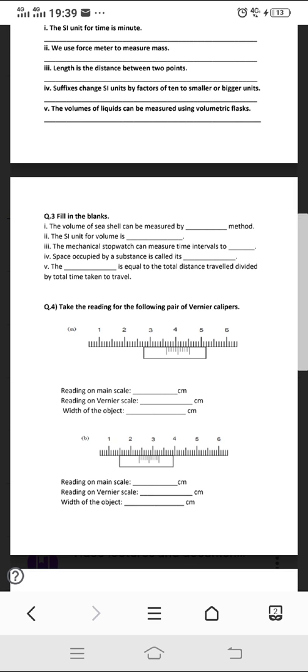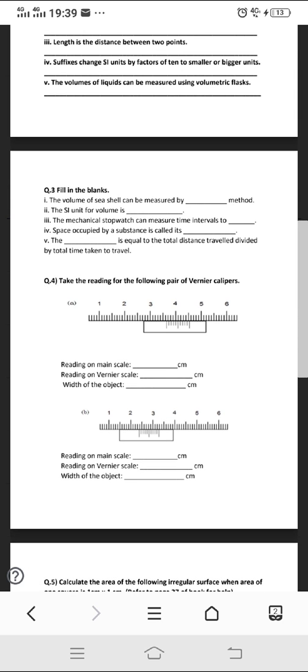So this is called the displacement method. Why? Because it has displaced the water level, right? The SI unit for volume is dash. The perfect way to remember this is by its formula. For regular objects, the formula is length into breadth into height. Now length, breadth and height are all actually distances between different vertices.